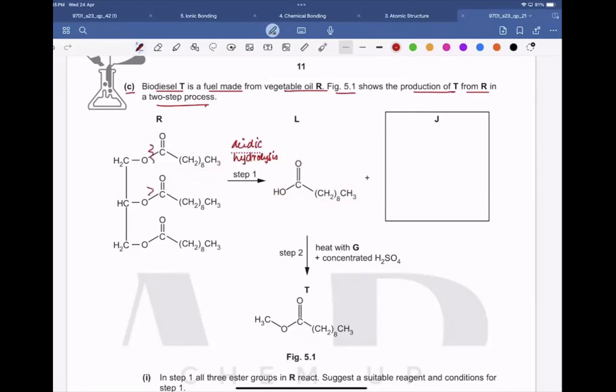So this bond is broken, and the OH from the water got bonded with these carbons to form this. So J would be H2C, that C is bonded to a CH, and that CH is bonded to CH2, and we got an O over here. On that O, the H from the water gets bonded to form the other hydrolysis product. Is this understandable?